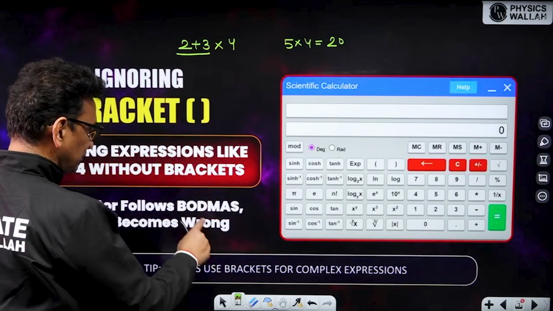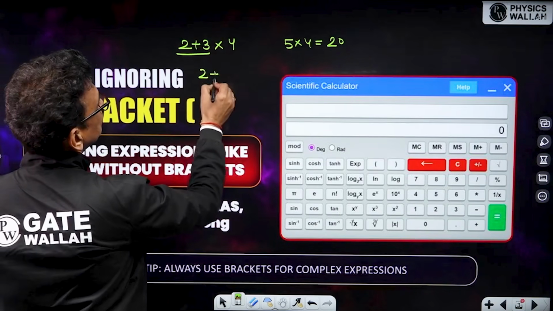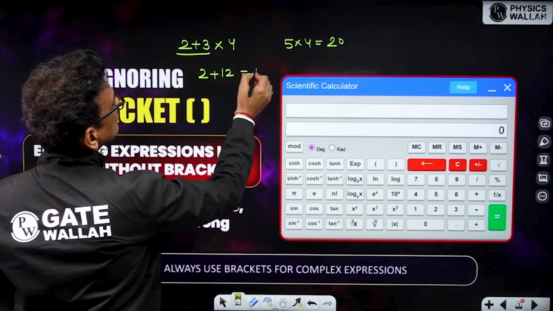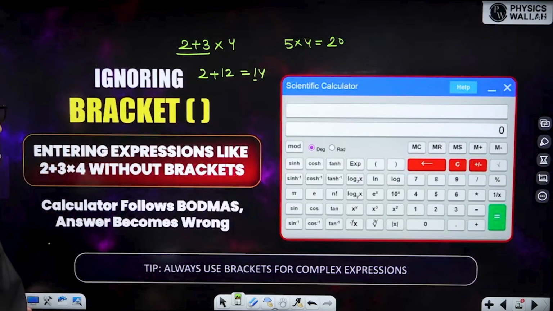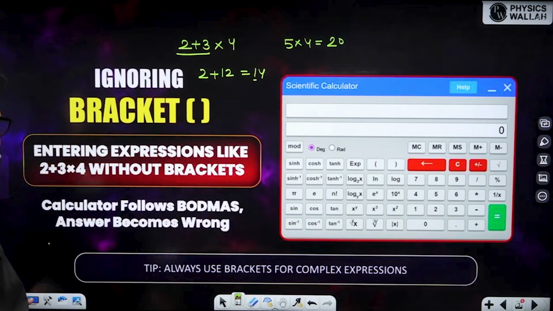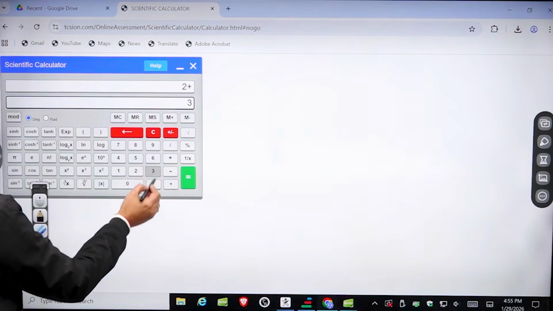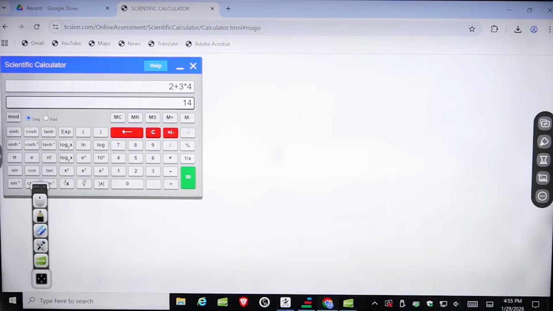It will do the multiplication first. That means the 4 will be multiplied with 3 first, and you will get the answer of 14 instead of 20. Let's see this. If I just put 2 plus 3 into 4, see, I am getting the answer 14. I am not getting the right answer.